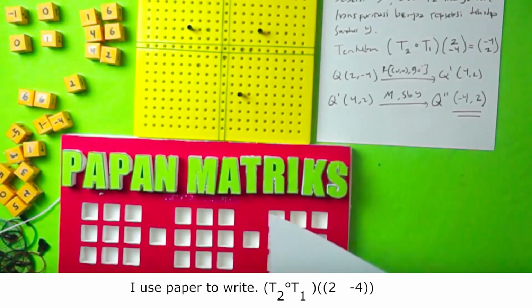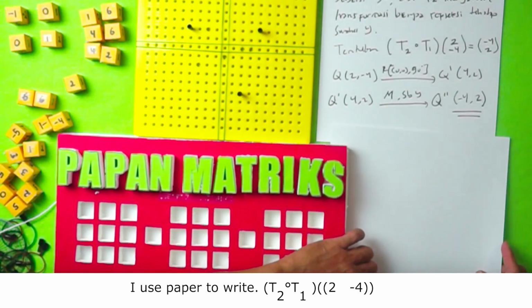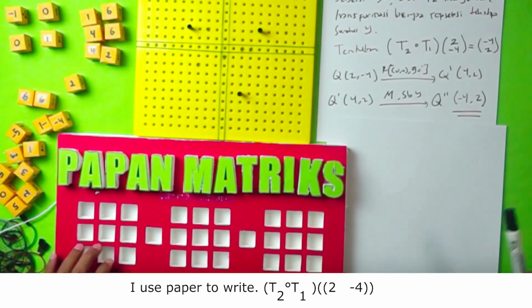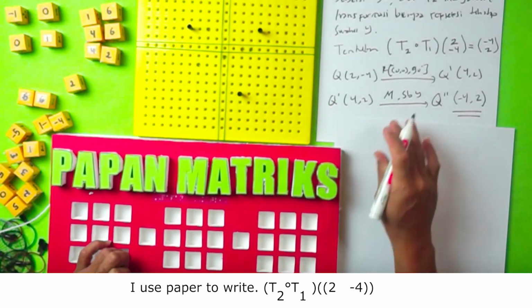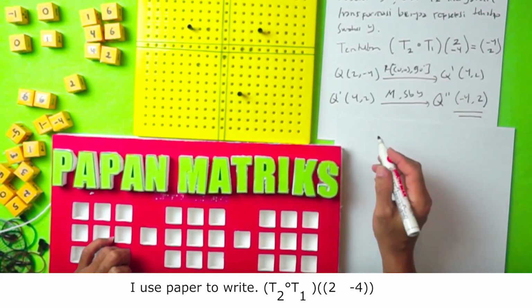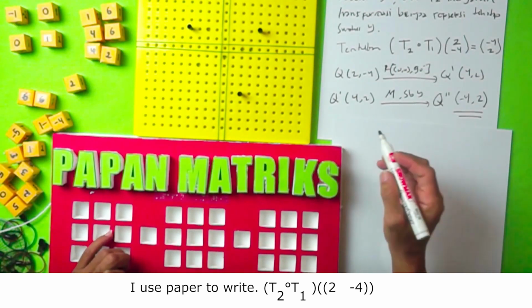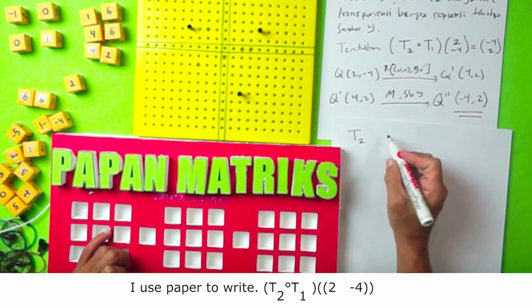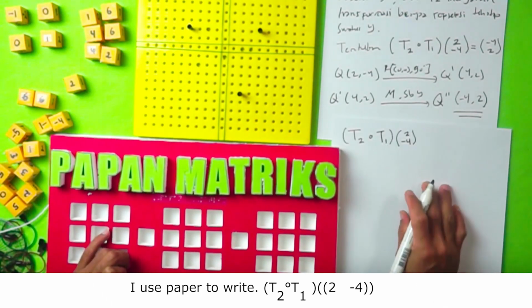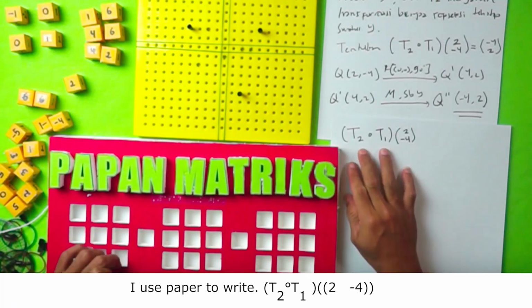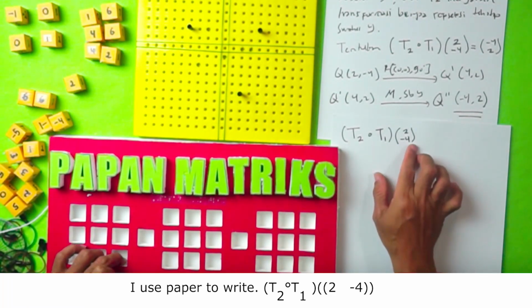Saya tulis dulu. Yang akan kita lakukan adalah komposisi transformasi T1 dalam T2 untuk titik Q 2, negative 4.